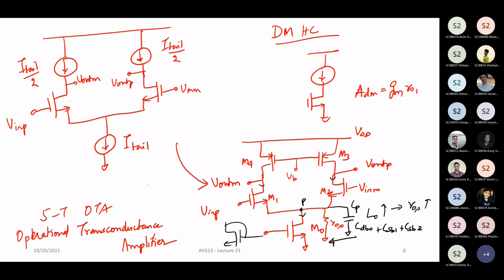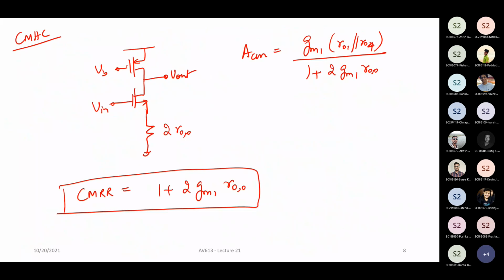So the differential mode gain literally does not get any effect because this node is becoming even a better ground, right? But what will be affected is basically the common mode gain, because now you're having a capacitance at this node, right? So if you have CP, you will have basically CP by 2 in your half circuit, right? And now what will this become?